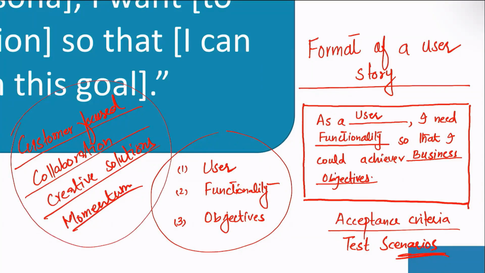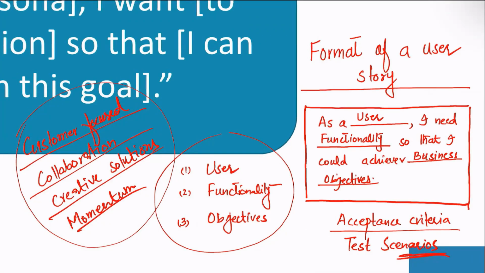Right. So we will be talking more about user stories in detail, what should be the characteristics of a good story. We'll be talking about a mnemonic, INVEST: it should be independent, it should be negotiable, it should be valuable, it should be estimable, it should be small, and it should be time bound or testable. We will be talking about all these features in detail in the coming slides.